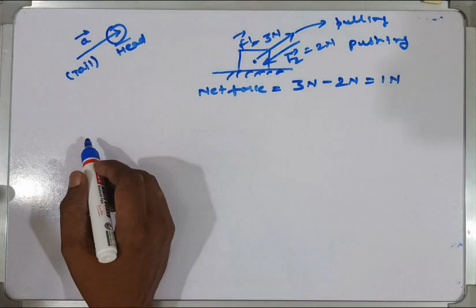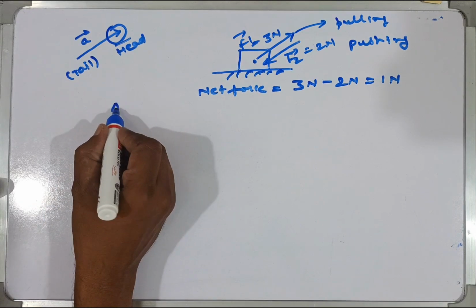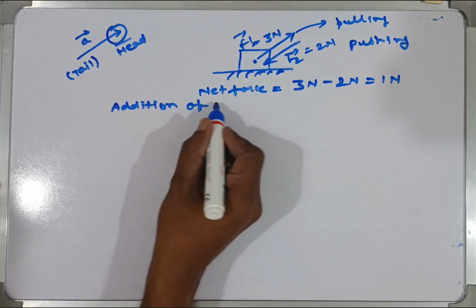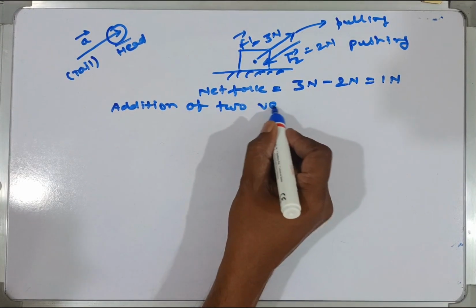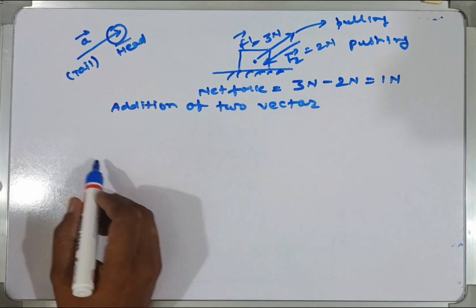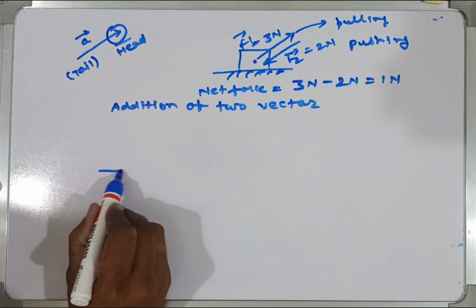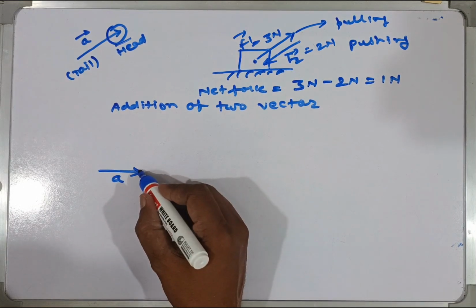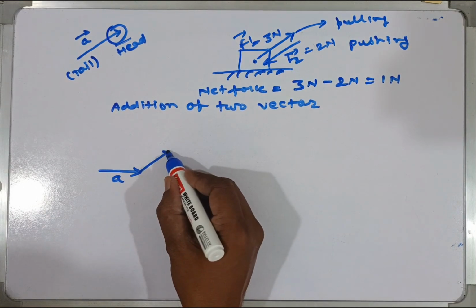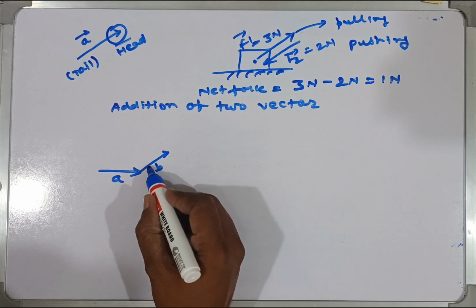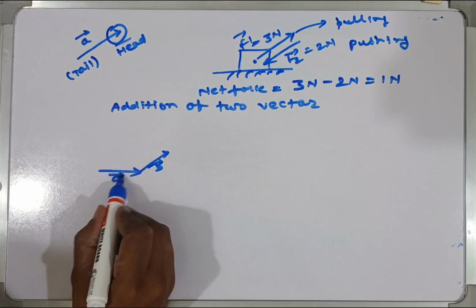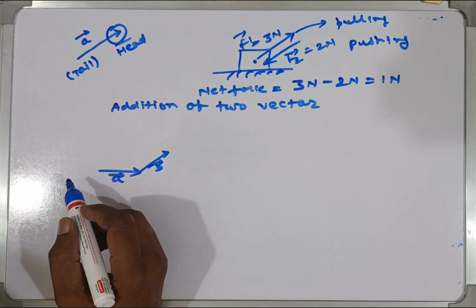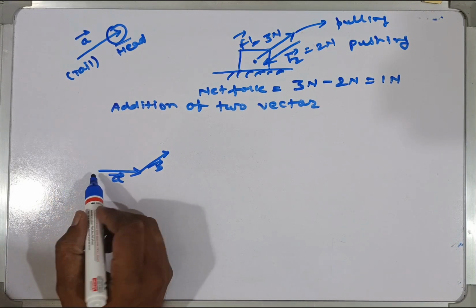Now we see addition of two vectors. Suppose vector A is like this and vector B is like this. It can follow the triangle rule.